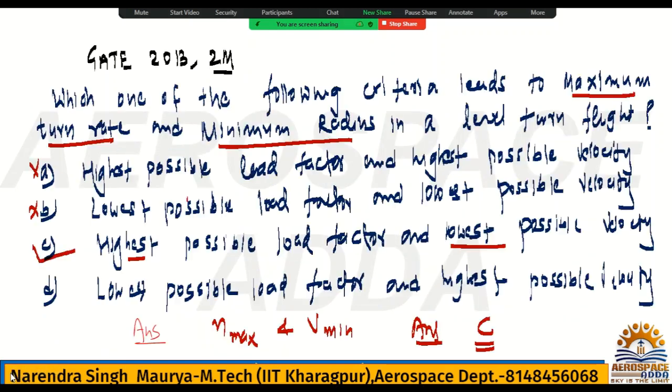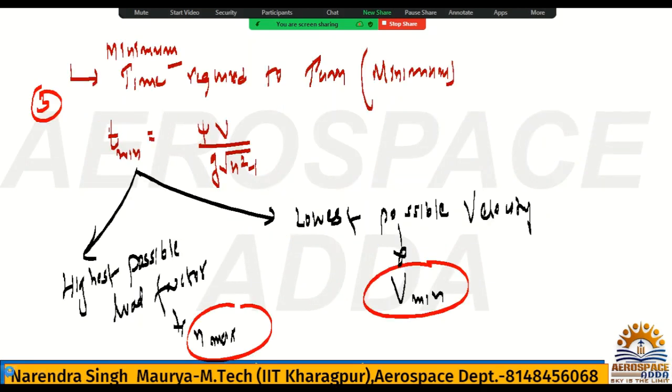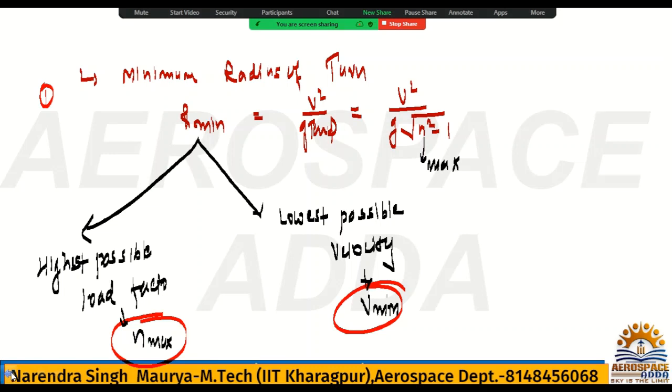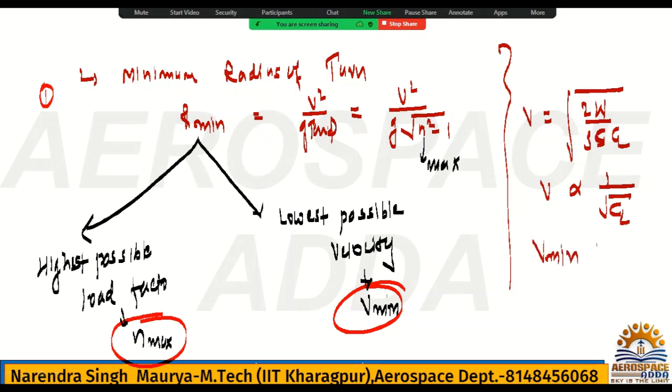So how to connect this? Simple. Everywhere check: what is the velocity? It is the root of 2W divided by rho S CL. Means V is inversely proportional to root of CL. Simple. If V is min, root of this CL should be max.